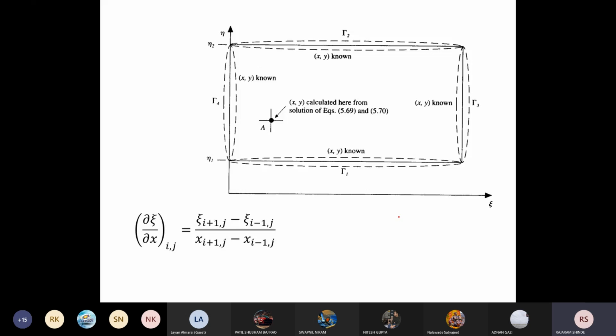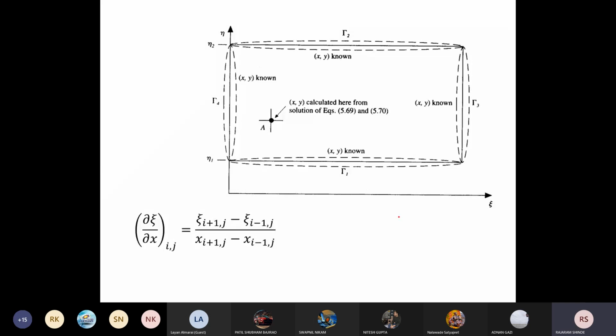By using the same procedure, we can calculate the position of grid points, which are located in terms of xi and eta, for all grid points.